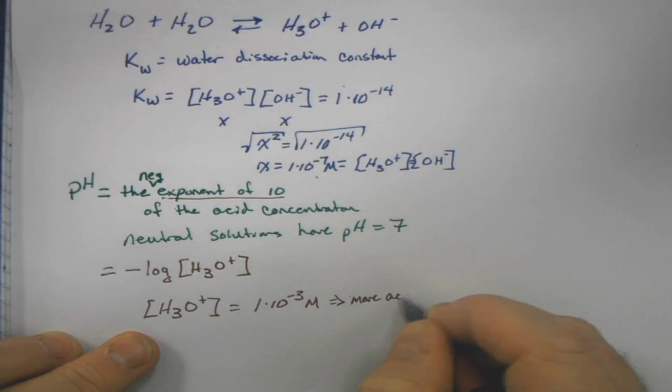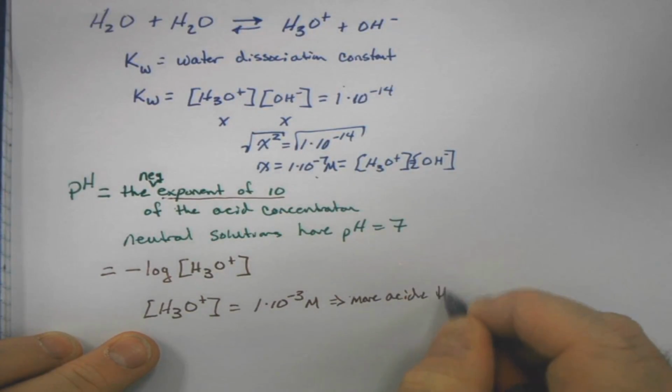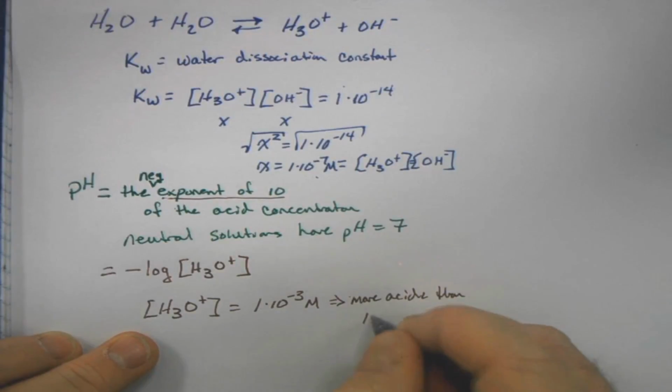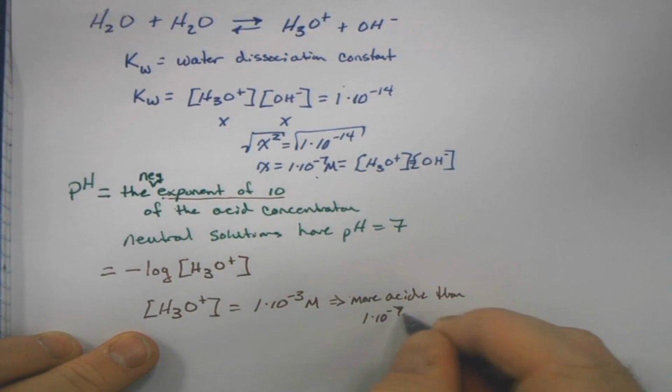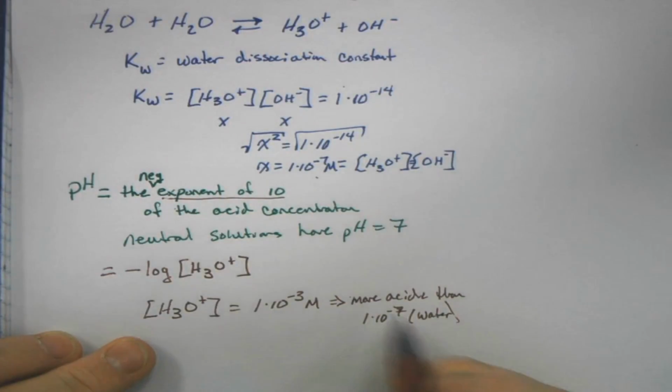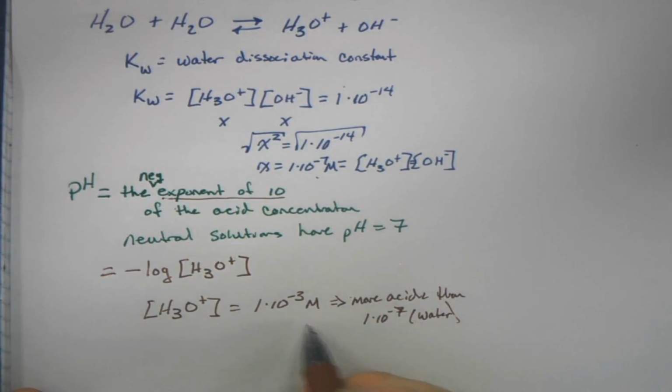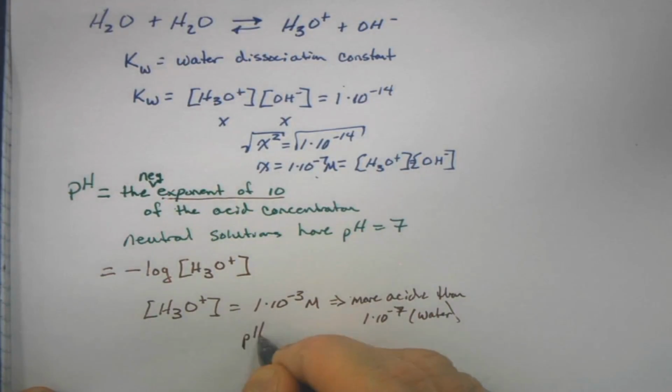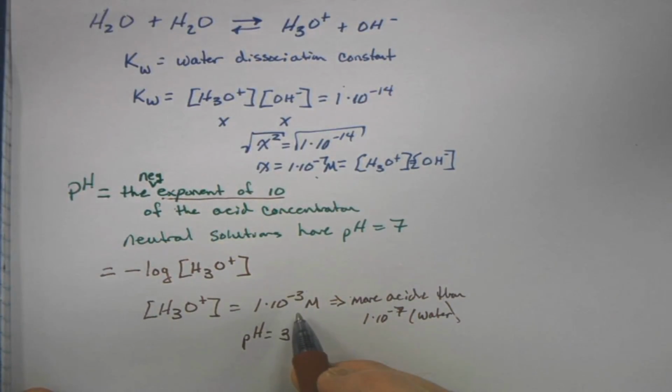All right, so if there's more hydronium, that means this is going to be more acidic than 1 times 10 to the negative 7th water, right? It's going to be more acidic than neutral because there's more acid ion in that solution, yeah? But the pH was going to equal 3, the negative exponent of 10.